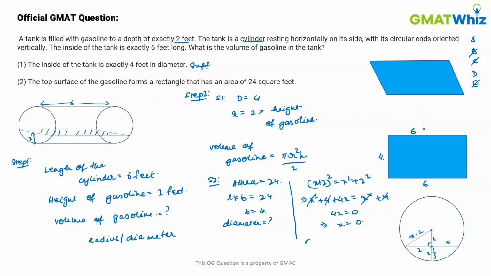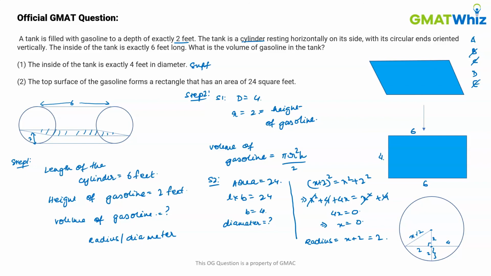So initially the radius that we had taken was x plus 2. And since the value of x is 0, the radius is equal to 2. Now we have arrived at the same information that we got in statement 1, that the radius is equal to 2.